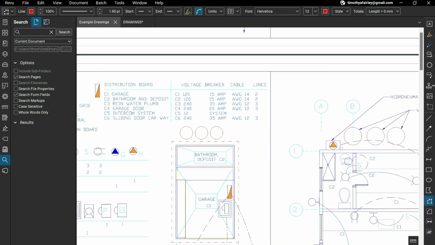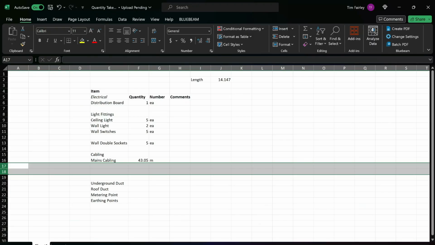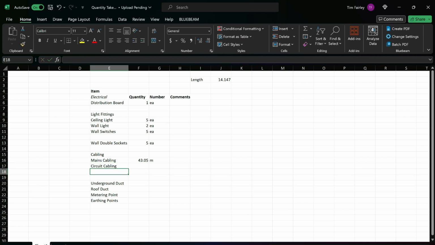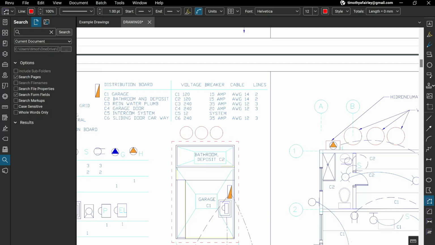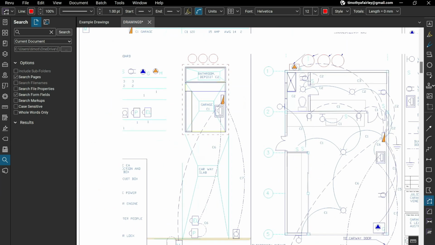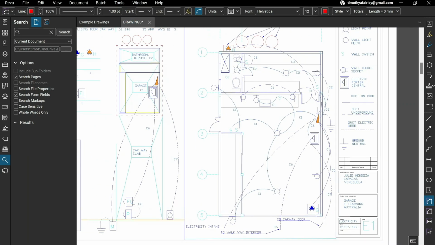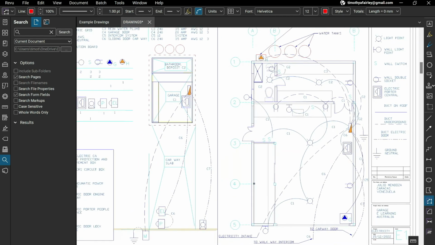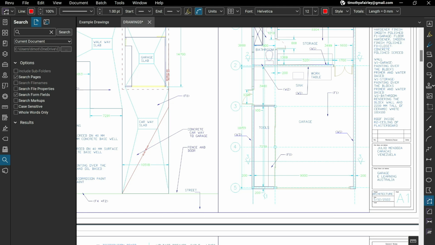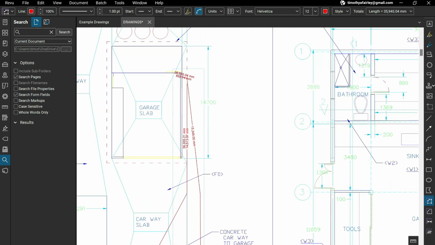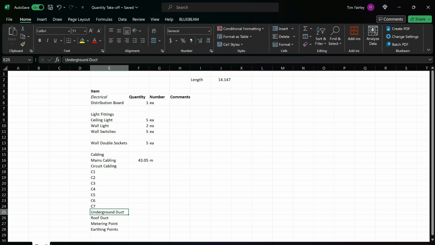So C1, C2, same. And C7. C7 is going to be 36 meters.